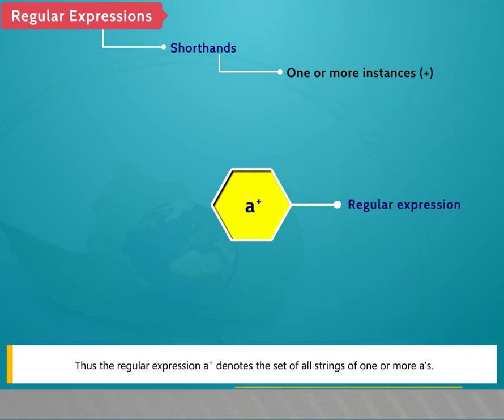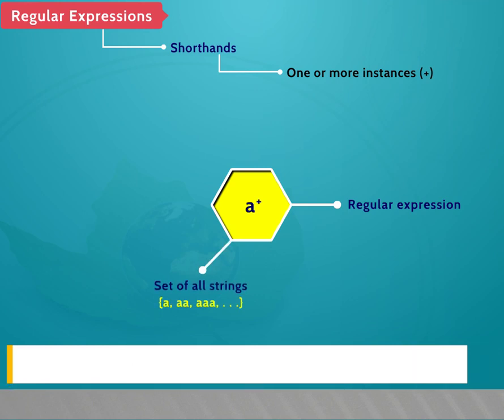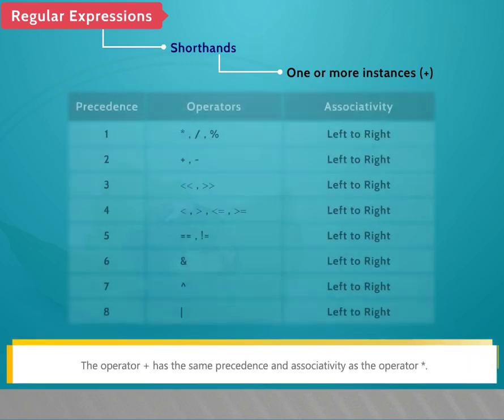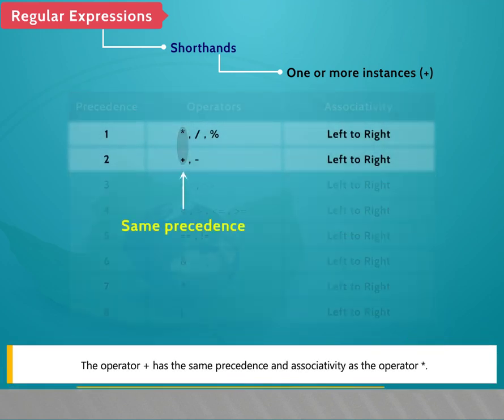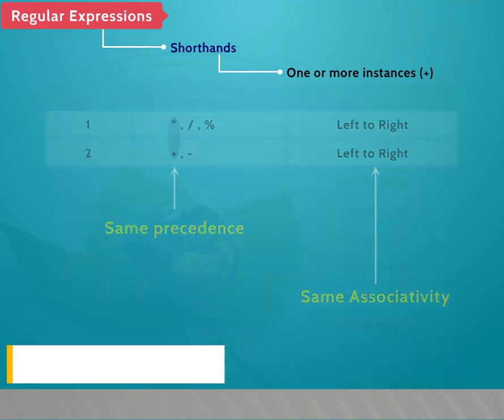Thus, the regular expression a+ denotes the set of all strings of one or more a's. The operator + has the same precedence and associativity as the operator asterisk.